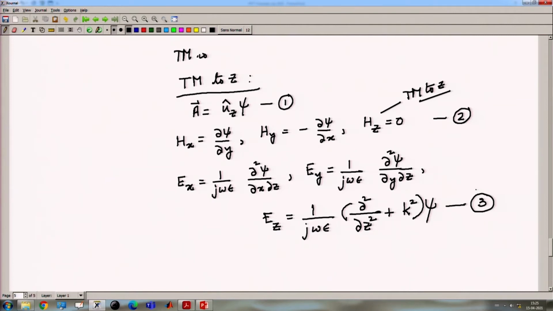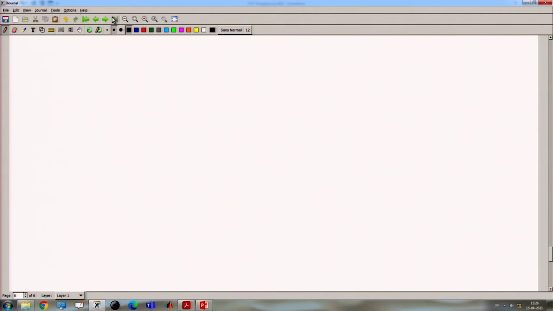But for the current case, we have no variation along y. So, we have del del y equal to 0, and for the e to the power minus j k z z variation along the z direction, we have del del z as minus j k z.